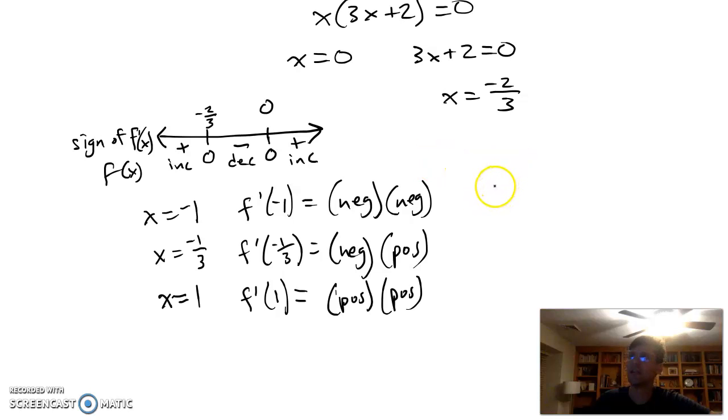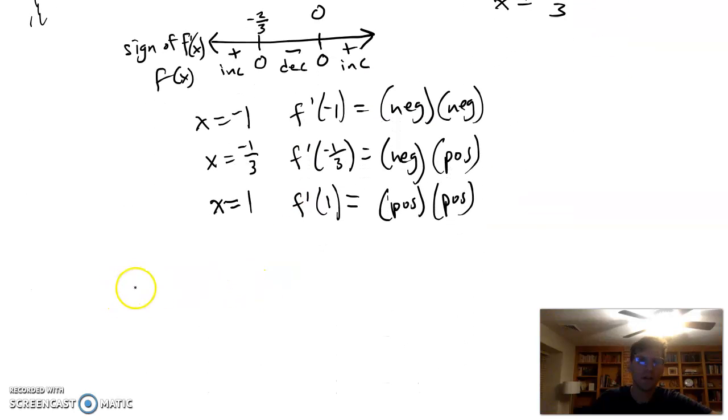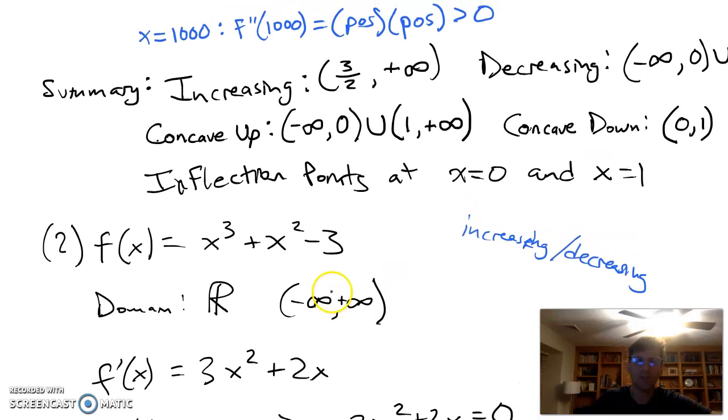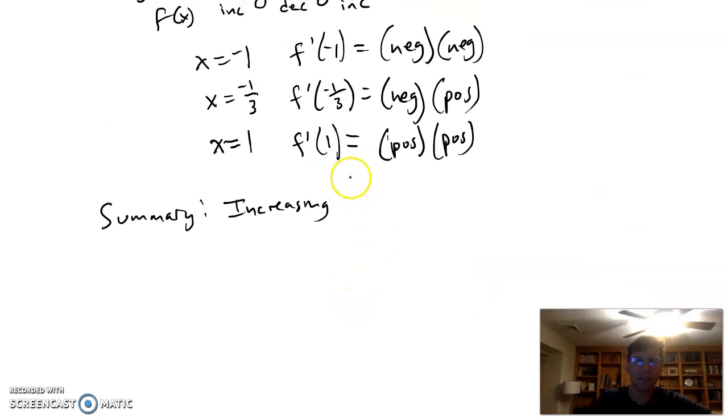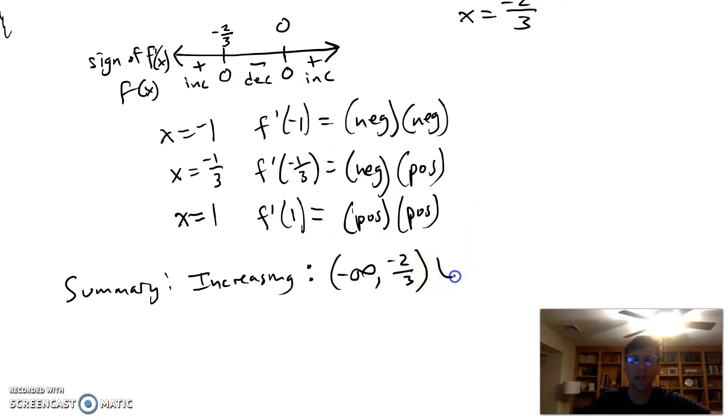So we could then say, just like we said on the previous one, part of our summary would be that this function is increasing on two intervals. It's increasing from negative infinity to negative 2/3, not including those values, so I use parentheses, and it's also increasing from 0 to positive infinity.